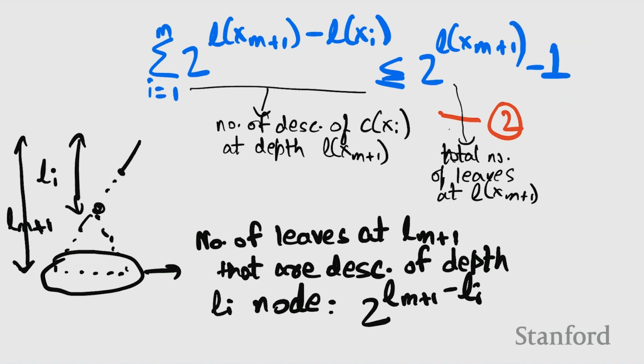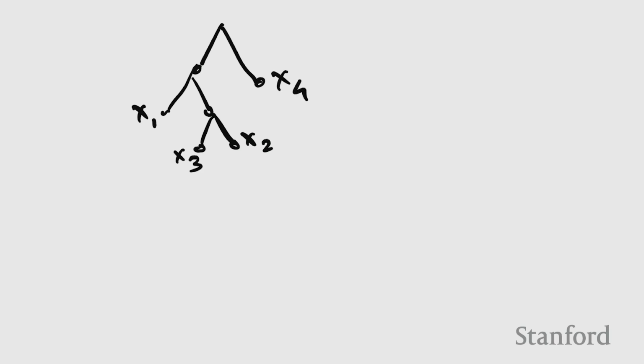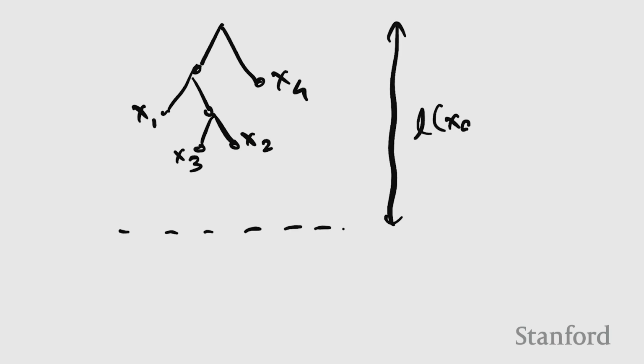And let me draw it for you. Please think about this at home as well. So you assigned x1 here, you assigned x2 here, x3 here, maybe you assigned x4 here, right? You are now at x5. x5 has a certain depth, so this is your lx5, right?